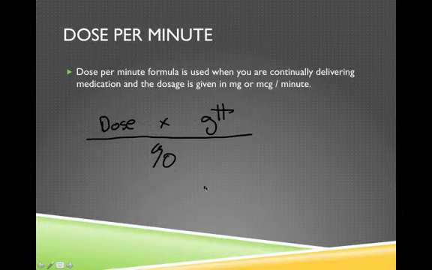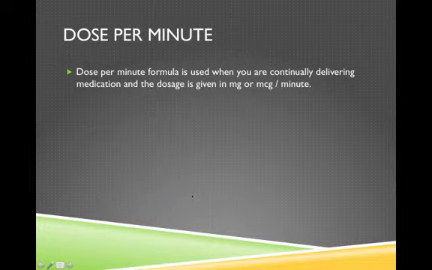Now there are alternate ways of doing this, and I'm going to show you right after I get through doing this. It's called the clock method. So we'll verify whenever we're doing this one, practice together. So dose times drip factor divided by concentration strength is this formula.